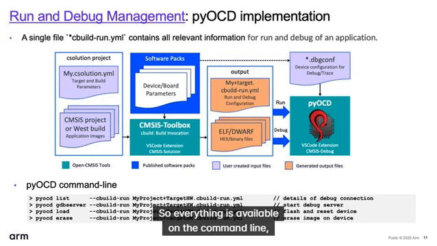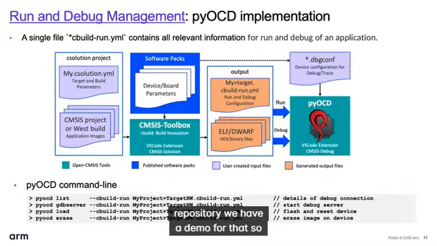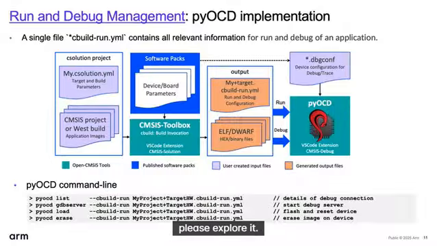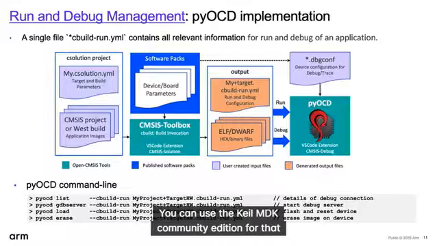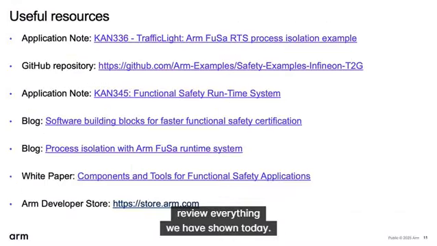So everything is available on the command line. Thus, you can use it in CI/CD workflows. And in our GitHub repository, we have a demo for that. So please explore it. You can use the Keil MDK Community Edition for that, which is free for evaluation purposes. So you can easily review everything we have shown today.